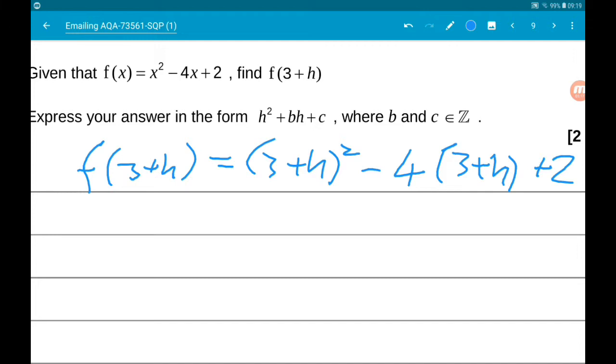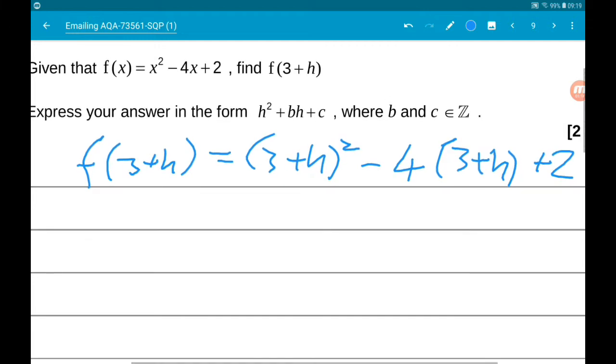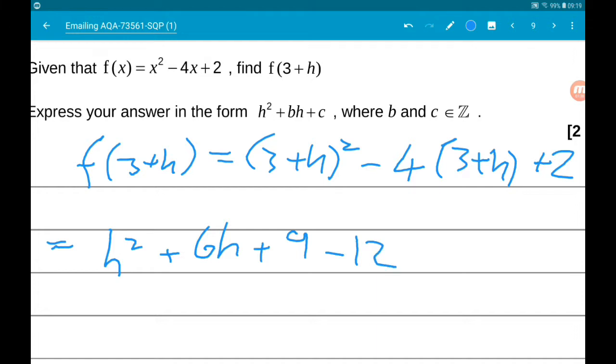4 lots of (3 plus h), and then add 2 on the end. Okay, so if we expand out the first bracket, we get h squared, add 6h, add 9, and then from the second bracket, we're going to get minus 12, minus 4h, plus 2.